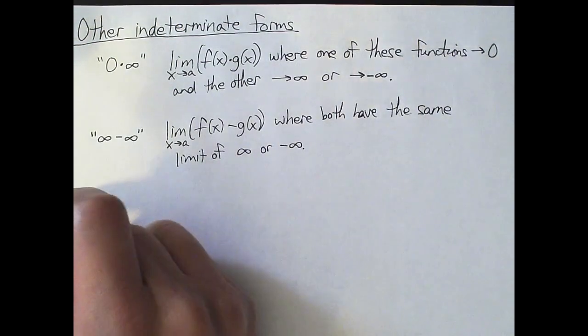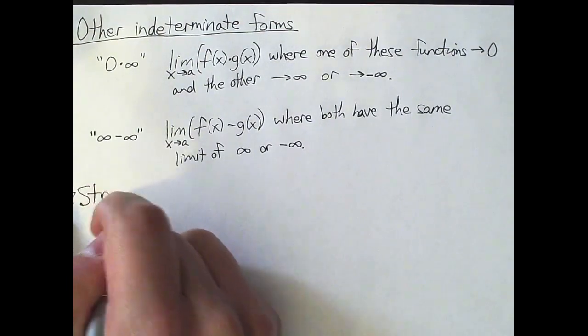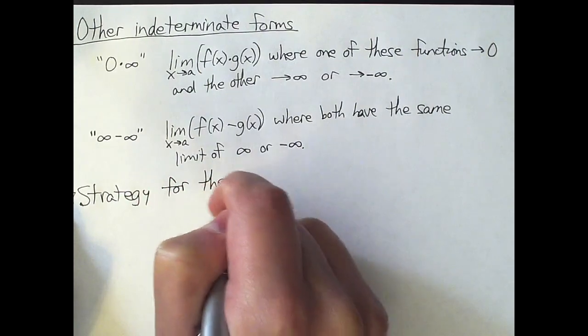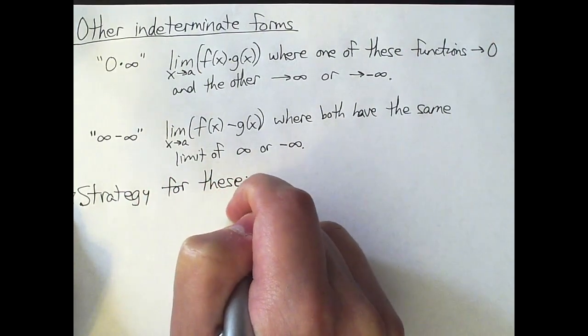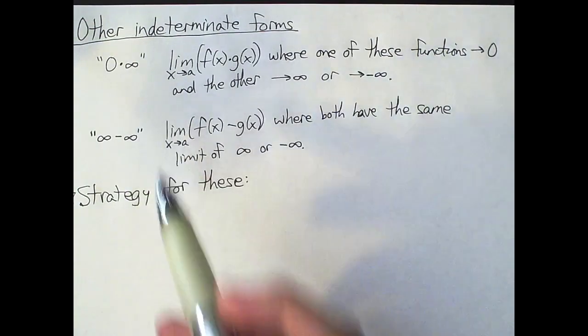The strategy for these two indeterminate forms: L'Hopital's rule, as we stated it earlier, officially only applies to the 0 over 0 or infinity over infinity case. It didn't say anything about these.